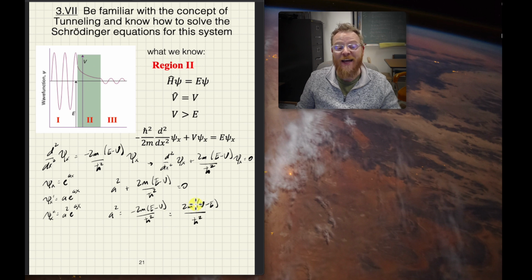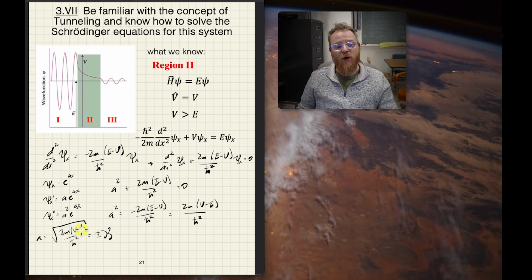And now we can see that's going to give us a real solution. So then in other words, a equals the square root of 2m V minus E all over h bar squared. And I'm going to call this solution plus or minus kappa.